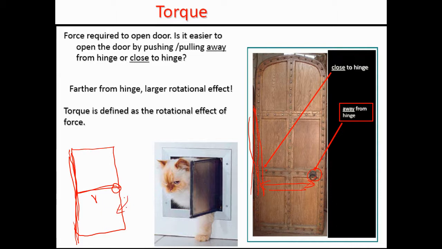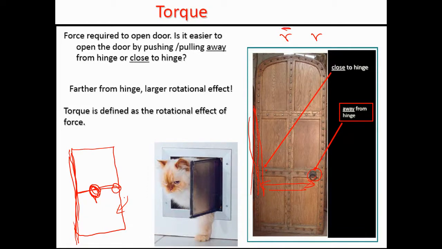Am I right? Yes, you're right. So suppose I place the handle here, what will happen? If you put your handle here, you can open the door, but it will be a little bit harder. So if you want to study the concept of torque, you need the applied force and the distance r.